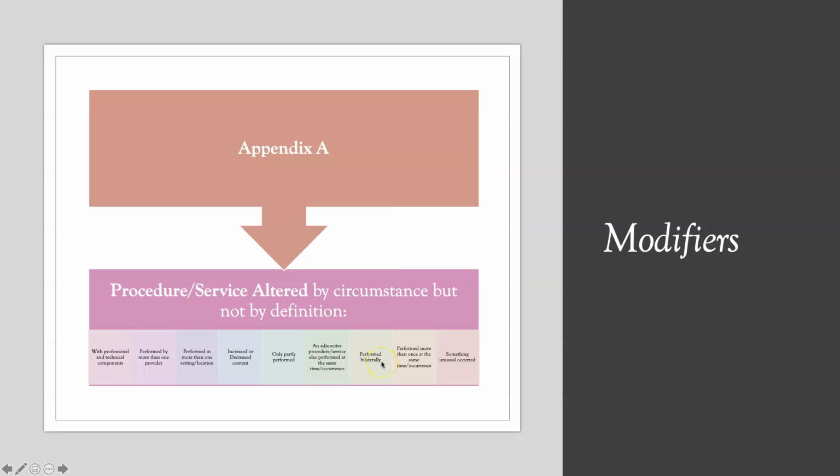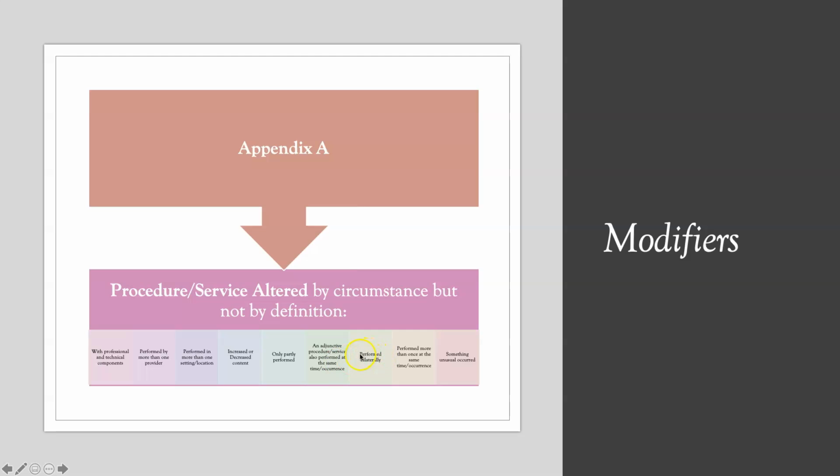Maybe it was performed bilaterally. We just talked about modifier 50 in the slide before this, saying that with add-on codes, you cannot use modifier 50, which is performed bilaterally. So, for instance, if you have a procedure, maybe you think carpal tunnel release of the nerve in the wrist, you need to do that carpal tunnel release, nerve release.